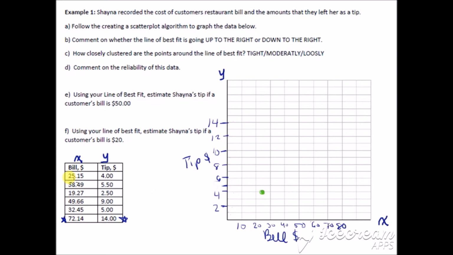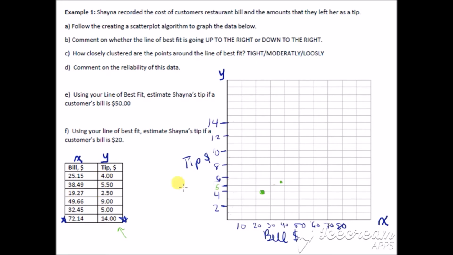There we go. 38, 5.50. So this is the 5, right? So it's going to be halfway up to $6 because the scale for the y-axis, for the tip axis, is smaller. We can actually pay attention to the decimals.